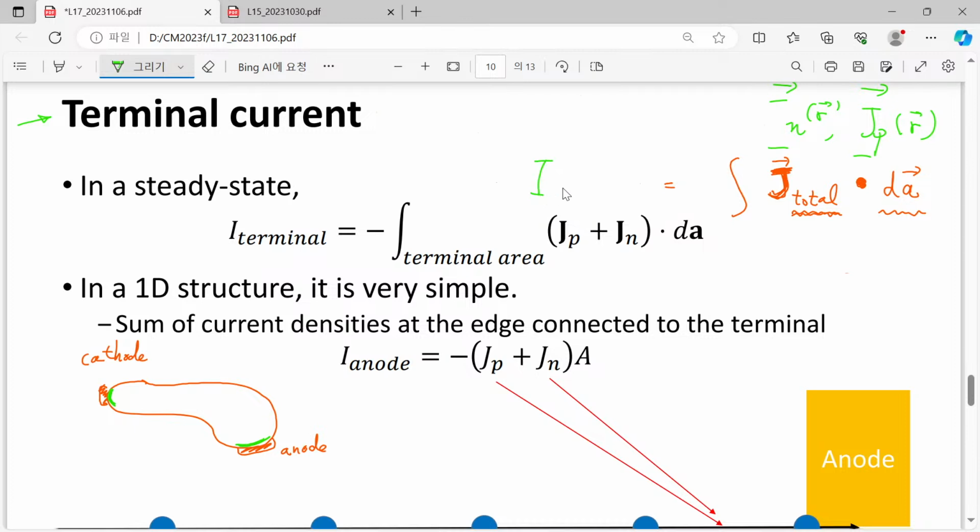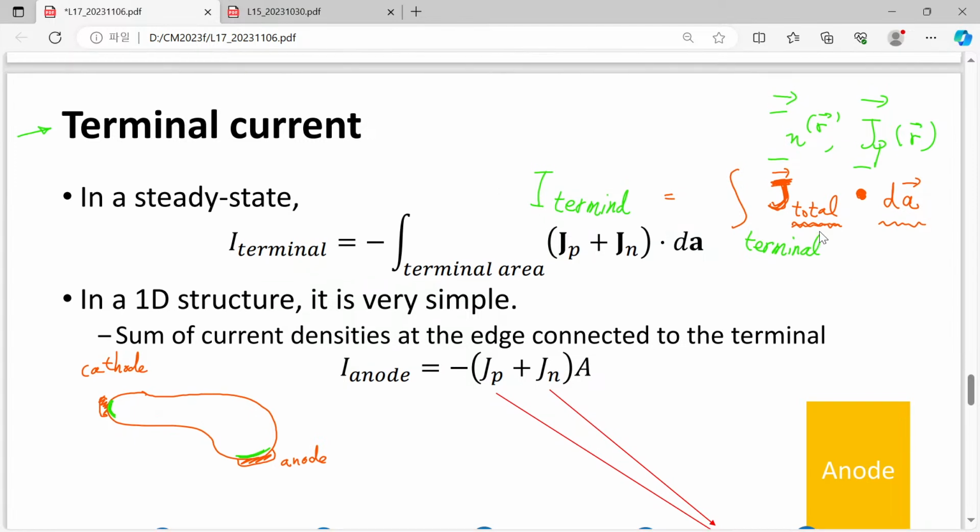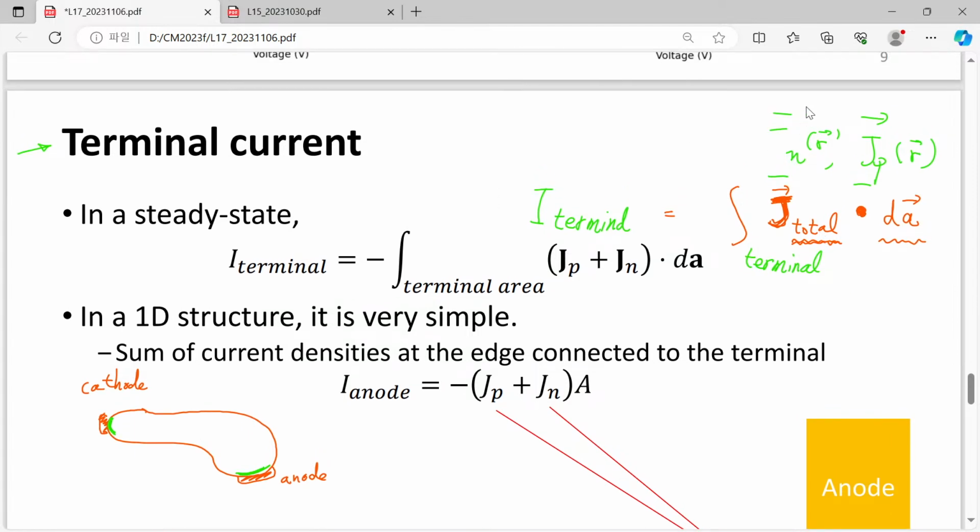A terminal current at a certain terminal is given by the integration of this quantity over its terminal surface. That was my previous assumption. However, I just told you that this expression is not complete and we need further effort to calculate terminal current.